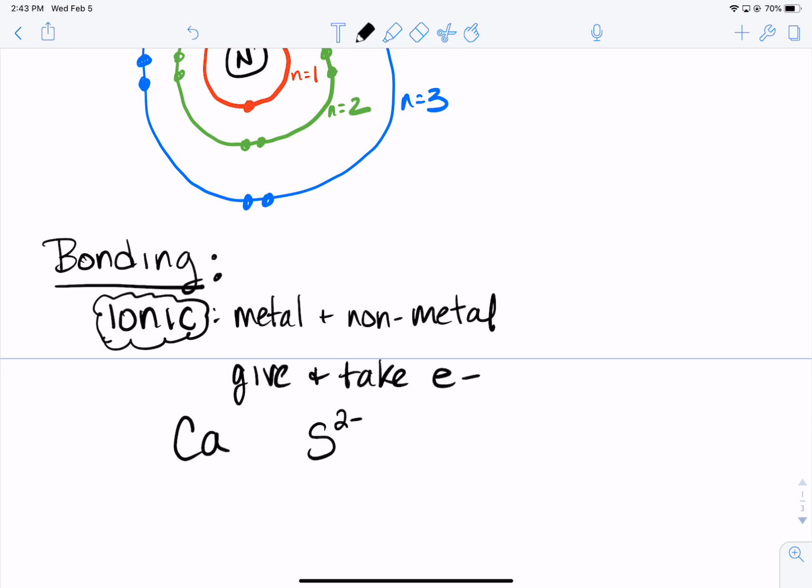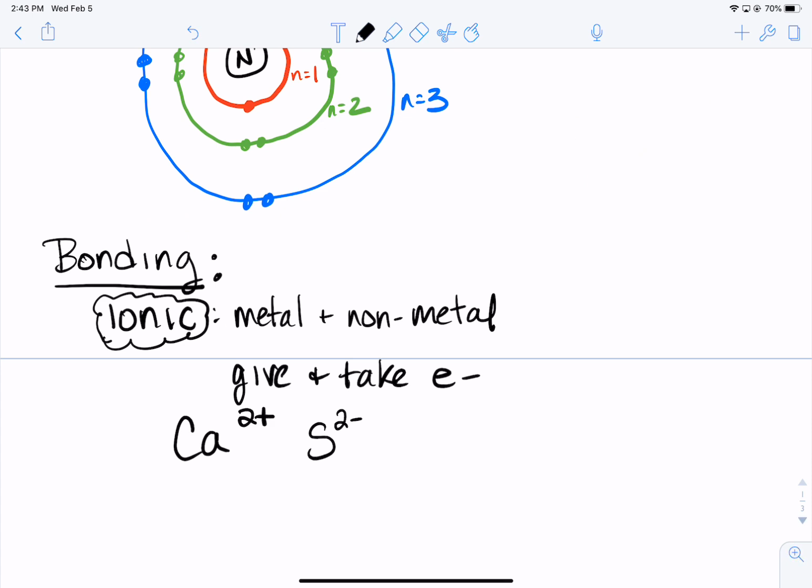Well, how many valence electrons does calcium have? It has 2. If it could give them away, instead of having 20 electrons, it would have 18, and it would get to be like argon. So if it gives away electrons, it's a +2.